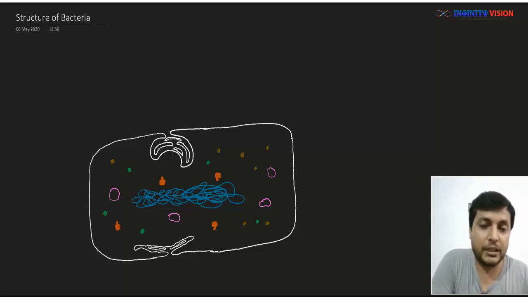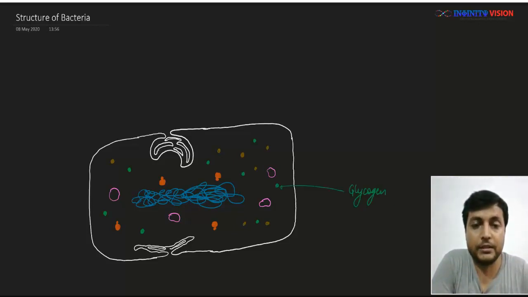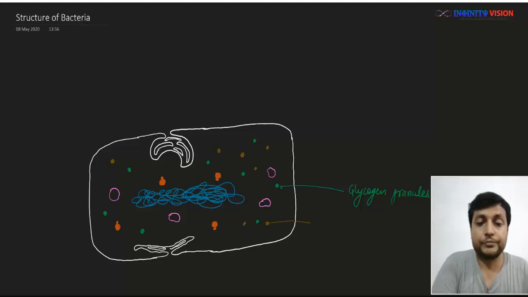These volutin granules are the storehouse of phosphate, so these are phosphate granules. Let me mark it: the green one is the glycogen granule, and this is the volutin granule.